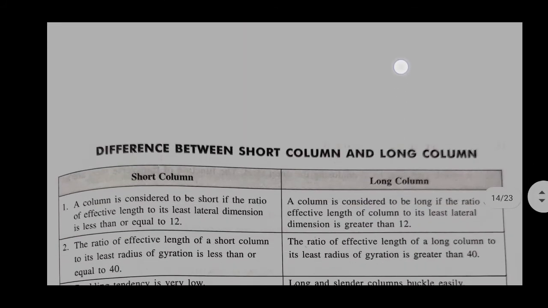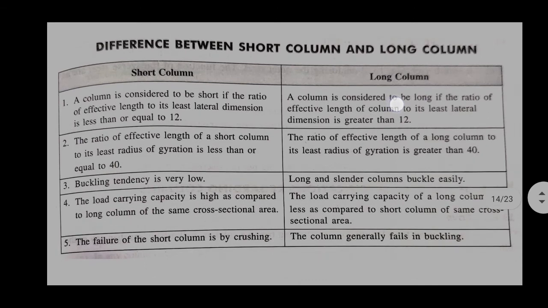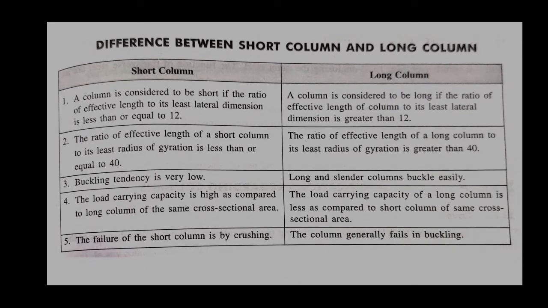Now, the difference between the short column and long column: as we read earlier, a column is considered to be short if the ratio of effective length to its least lateral dimension is less than or equal to 12. And a column is considered to be long if this ratio is greater than 12.